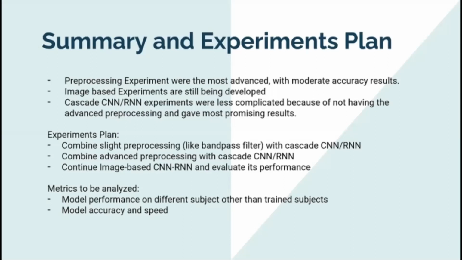And as soon as the image-based experiment results are out, we'll evaluate its performance and see if it's worth combining with the CNN RNN approach as well. For each of those experiments, we would like to analyze the model performance on different subjects other than the ones being trained. And then we will also try to evaluate the model accuracy as well as its speed.